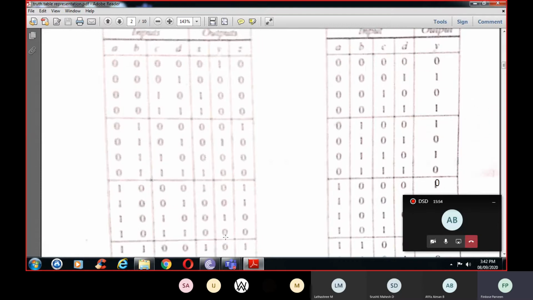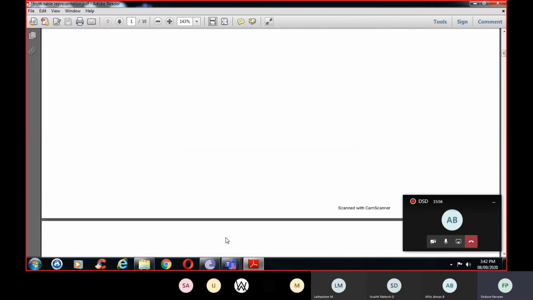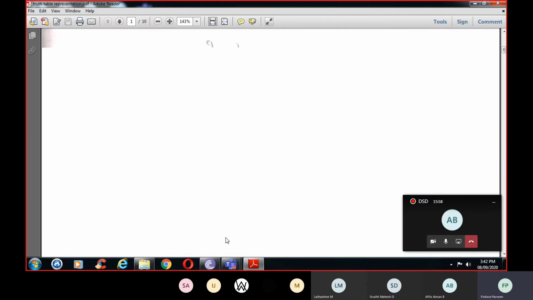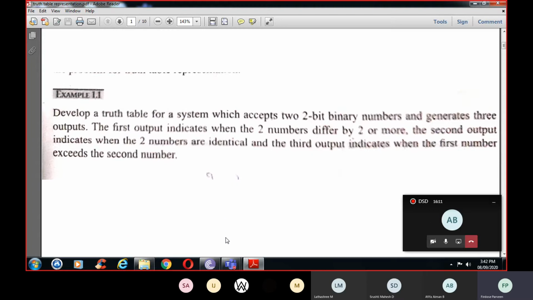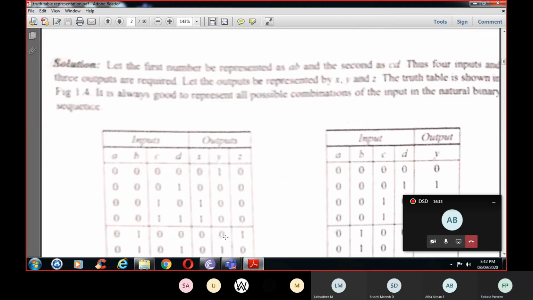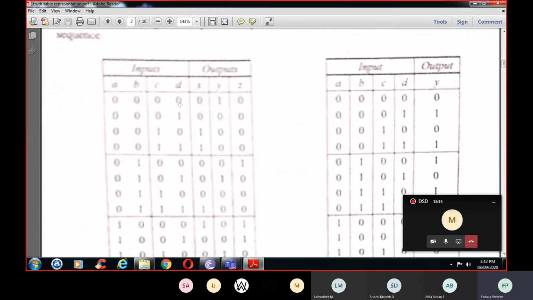For the second output, we have seen the truth table. So for the first output, what have they told? What is the question for the first output? The first output indicates when the two numbers differ by 2 or more. Okay. So see here, 0, 0 in decimal notation means 0.